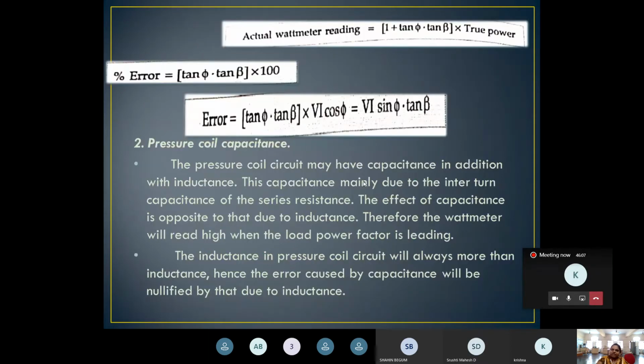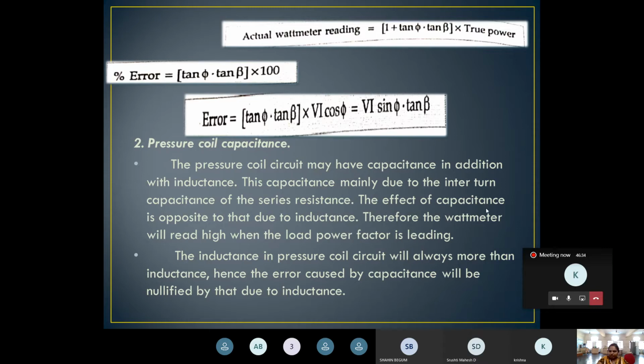This capacitance is mainly due to the interturn capacitance of the series resistance we connected. The effect of capacitance is opposite to that of the inductance. Therefore, the wattmeter will read high when the load power factor is leading.